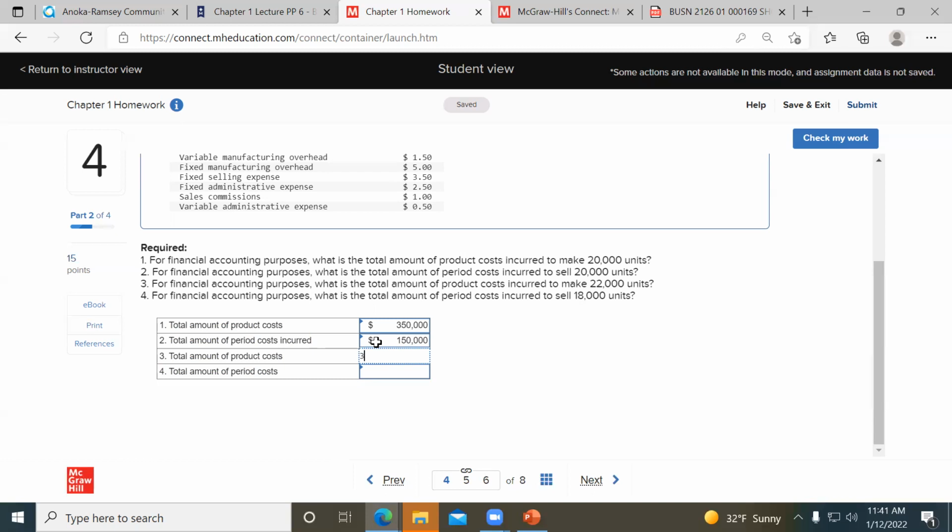So this is 375. You've got direct materials of 7, direct labor of 4, variable manufacturing overhead of $1.50. That 1,250 times 22,000 units gives you 275,000 plus the 100,000 of fixed costs. Okay, gives you 375,000.